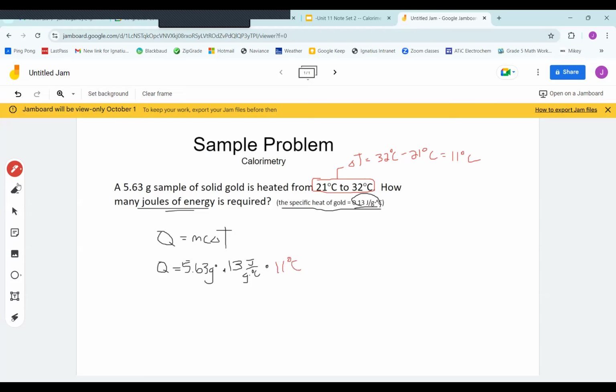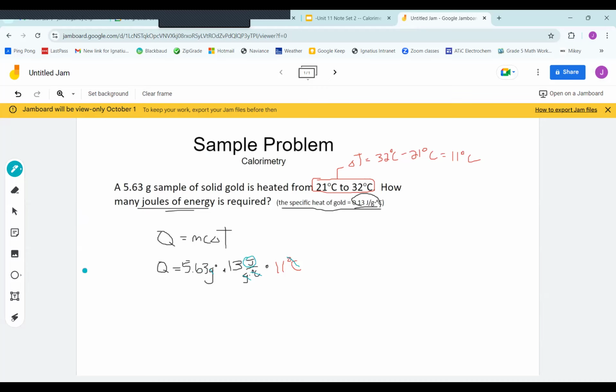And so where we get delta T in the equation, I'm just going to plug in the 11. Let's follow the units. We have the grams crossing out with grams within the specific heat capacity unit. We have degrees Celsius crossing out with degrees Celsius. The only unit that doesn't cross out is going to be joules. This is perfect.